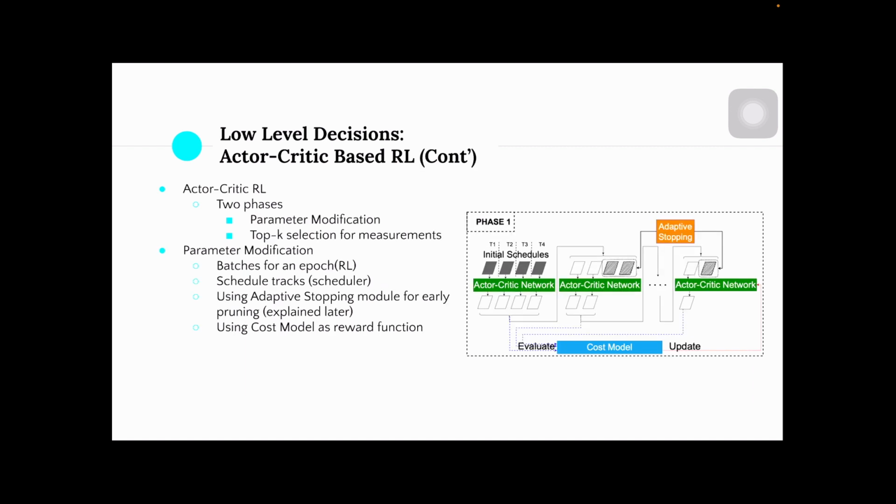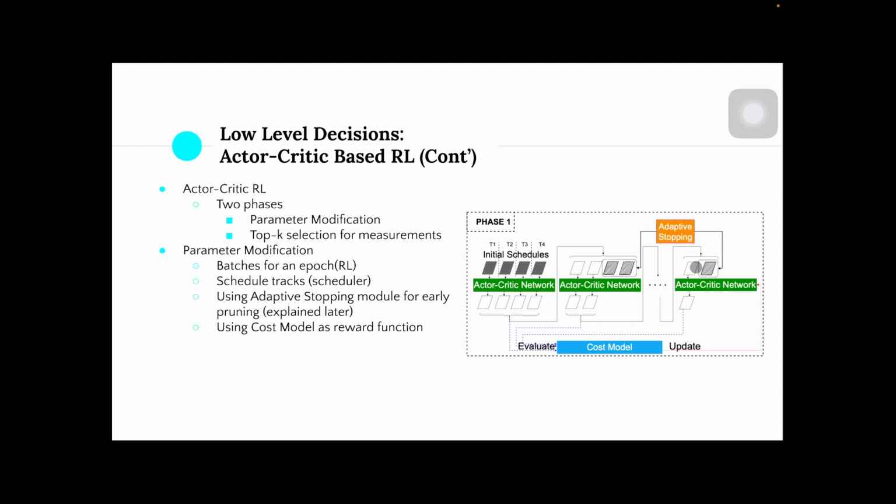For the tuning steps, we split them into two phases. The first phase is the parameter modification phase, and the second phase is the top K selection for actual measurements. For the first phase, we firstly randomly sample a batch of initial schedules and put them into the actor-critic network for the forward path.